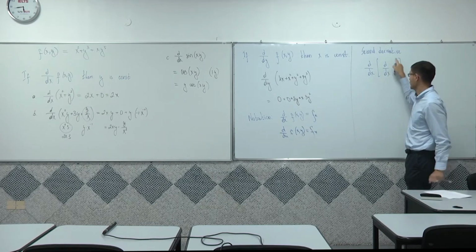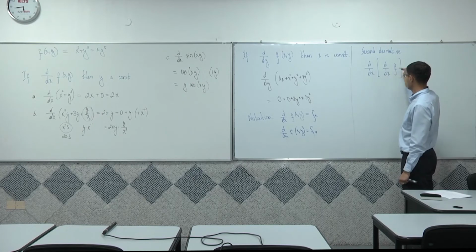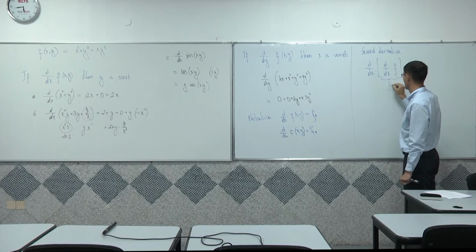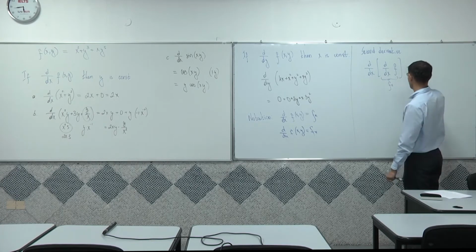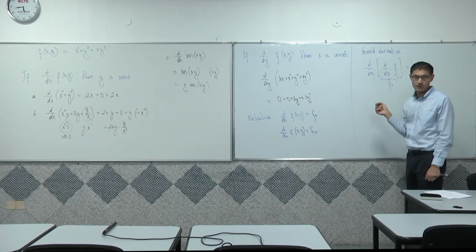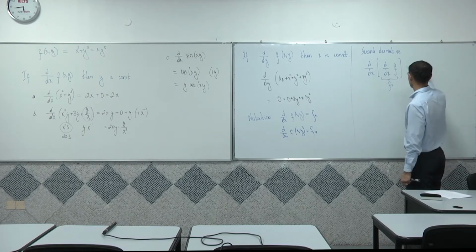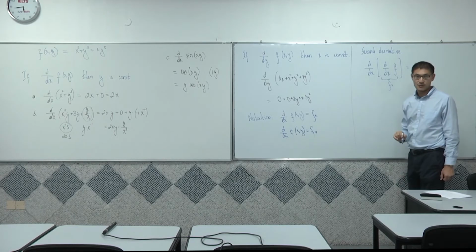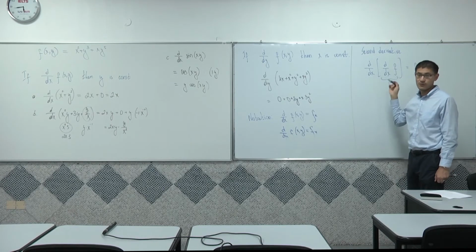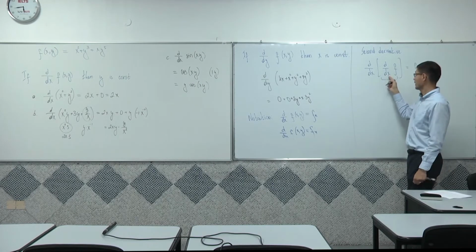That's your first derivative. Then you can take this first derivative and take its derivative with respect to x again. We call this the second derivative with respect to x, and we denote it with f double x in the subscript. This means you take the derivative with respect to x twice.